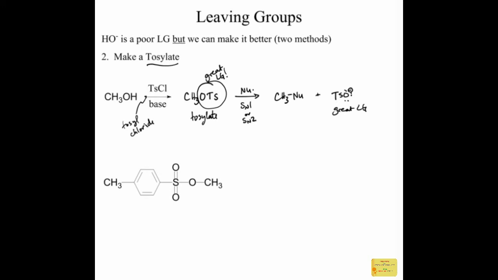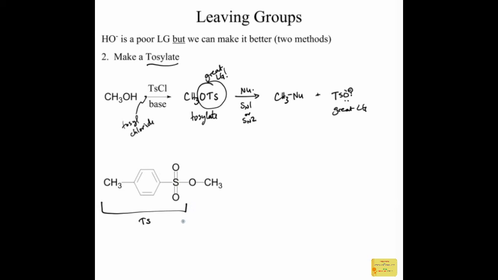So let's take a look at what this tosylate looks like. The Ts abbreviation stands for this part of the molecule. So tosyl stands for paratoluene. Toluene is when you have a methyl substituted benzene ring like this. So it's paratoluenesulfonyl is what the tosyl is short for. So if you just have a chlorine here, that chlorine can get displaced by the alcohol group.